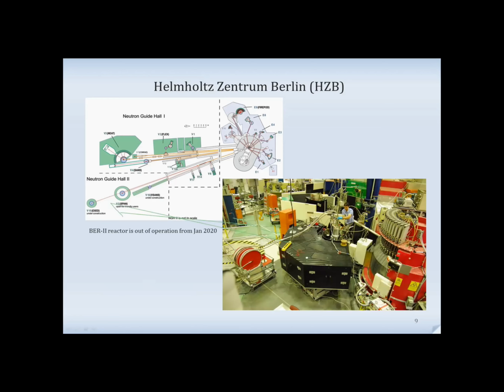You can use different environments: cryostat, furnace, magnet, whatever you want. And the neutrons come from this side via the neutron guide. This is another instrument. So this is E9.